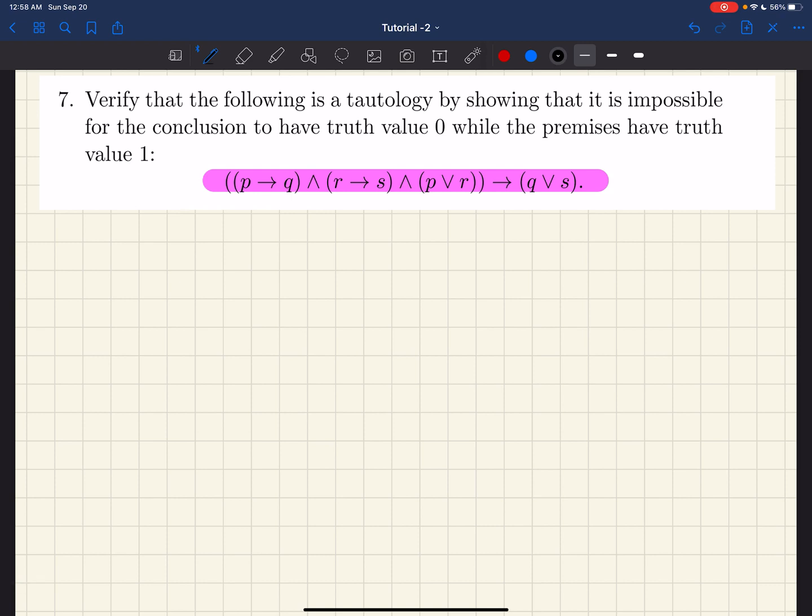Here your premises are P implies Q, R implies S, and P or R. And your conclusion in here is Q or S.